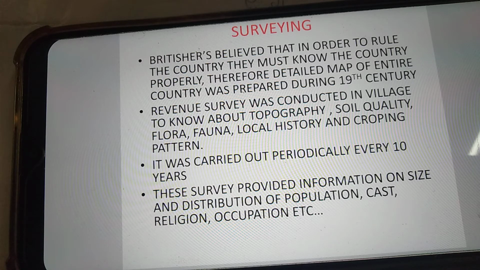It was carried out periodically every 10 years. These surveys provide information on size and distribution of population, caste, religion, occupation, etc.